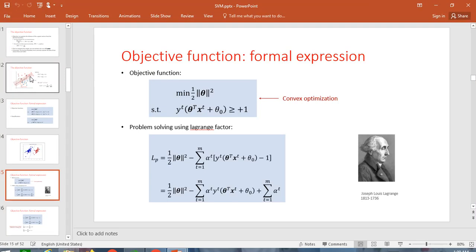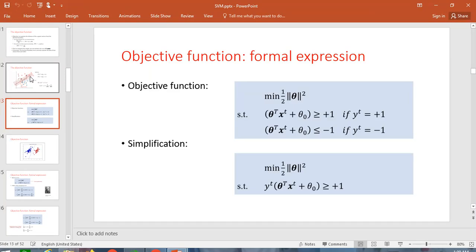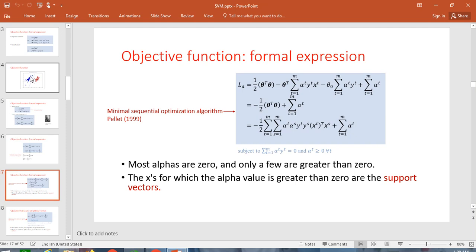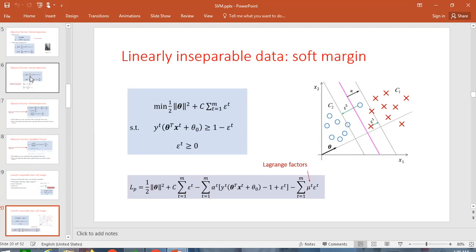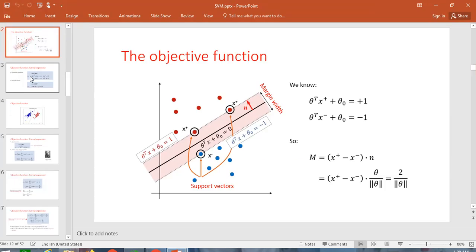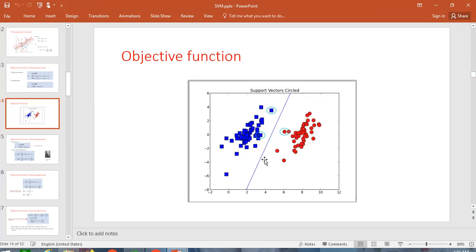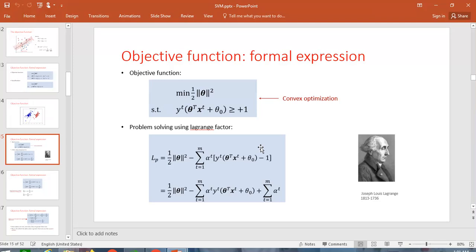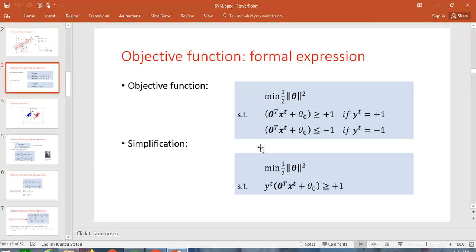When the points are placed on this line and this line, it means that their coordinates satisfy the equations of the lines. We subtract these two equations.